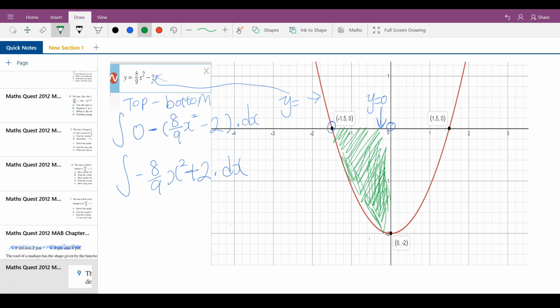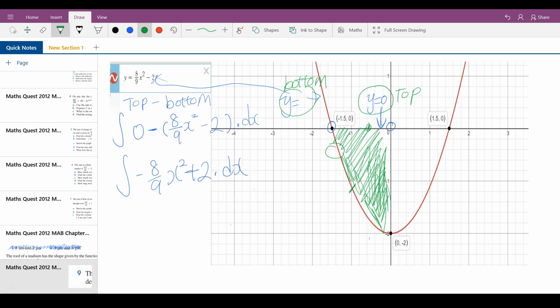When you're trying to figure out the area between these two graphs, it is always the top minus the bottom.